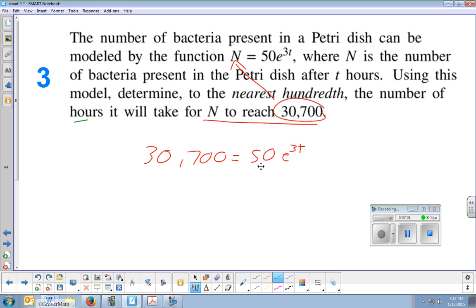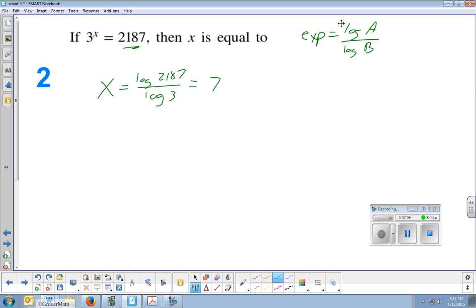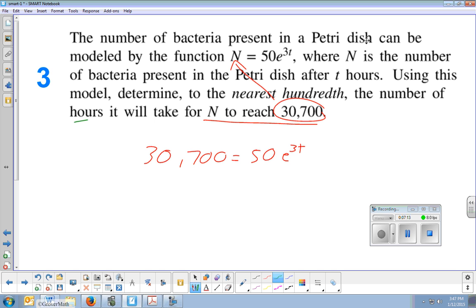So I need to solve this, and what I'm going to use is this concept: I could solve for an exponent by doing log answer divided by log base. Now, before we do that, my exponent here is 3t. 3t is the exponent. And the base of that exponent is e. This is the base.